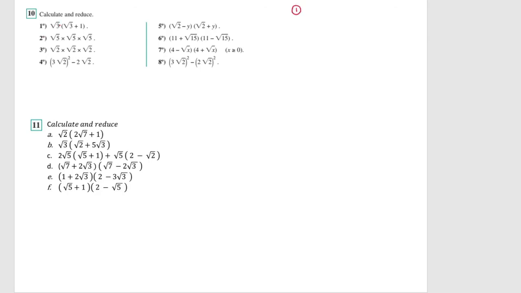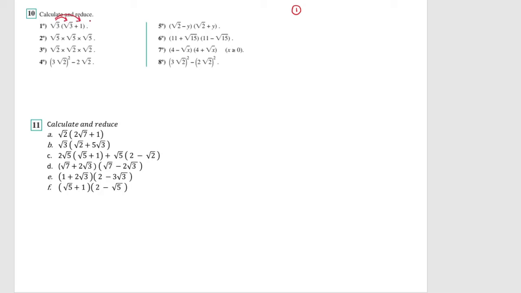Radical 3 into radical 3 plus 1. Okay. First, when I have a shape like this, you need to focus with me very well. Radical 3 times radical 3, I multiply radical 3 by radical 3 and radical 3 by 1.